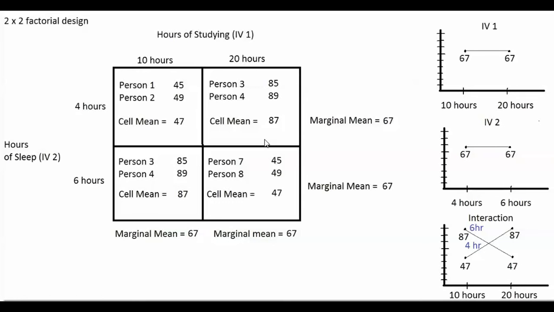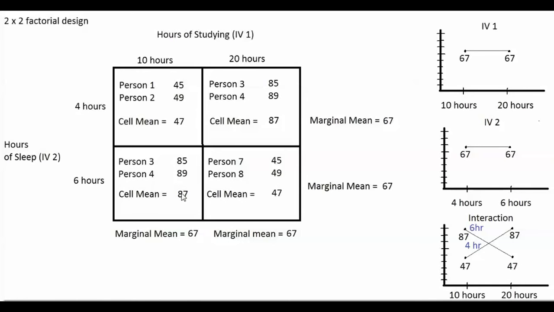Let's look at this table over here to help us understand why these two lines are forming an X. In the 4-hour condition, the 10-hour mean is 47, and the 20-hour mean is 87. So when you go from this mean to this mean, you're going up by 40. That's why the 4-hour line starts at 47 and rises by 40. In the 6-hour condition, the 10-hour mean is 87, and the 20-hour mean is 47.